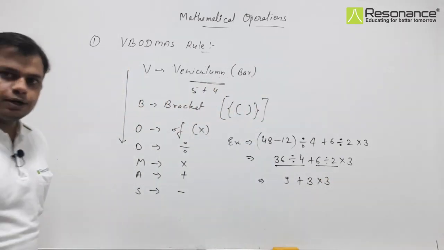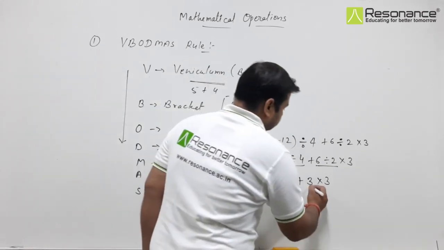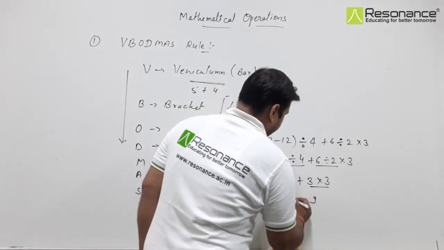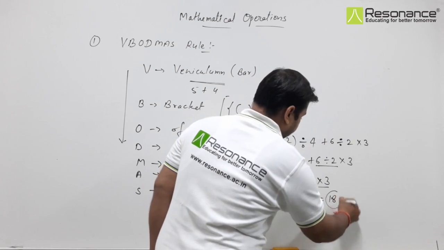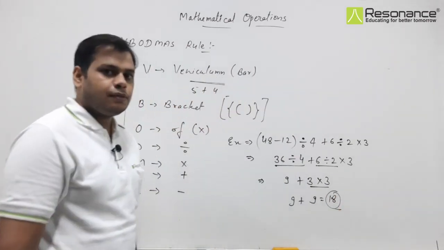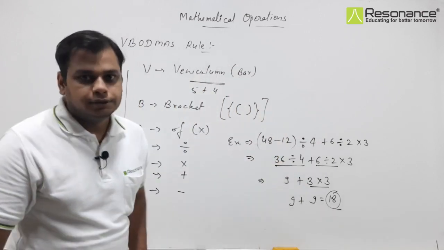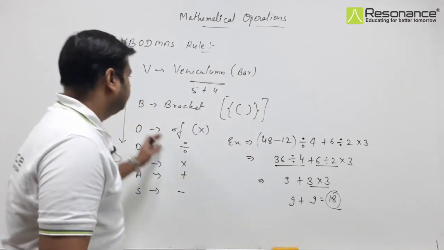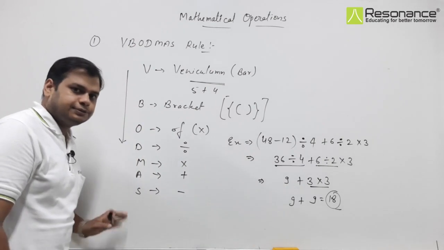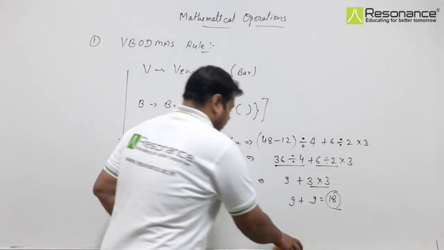Now we have to solve multiplication, then addition. So 3 threes are 9, 9 plus 9 gives us 18. So the solution of this equation is 18. This is how we have to solve any kind of equation by following this procedure.